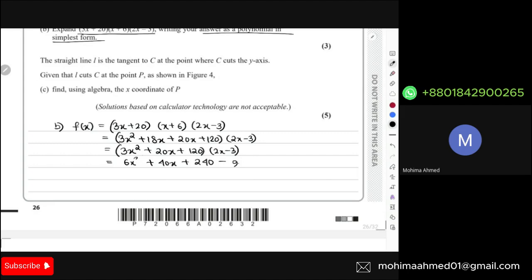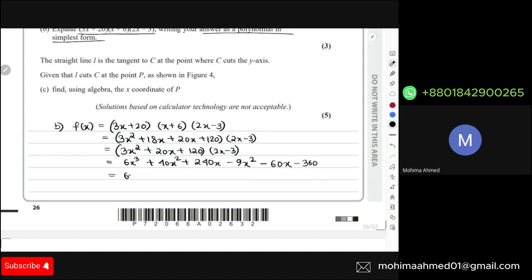So this is going to be x to the power 3, x to the power 2, and x. And then 3 multiplied with 3 is minus 9x squared. 60x, 120 multiplied with 3 is 360, minus 360.